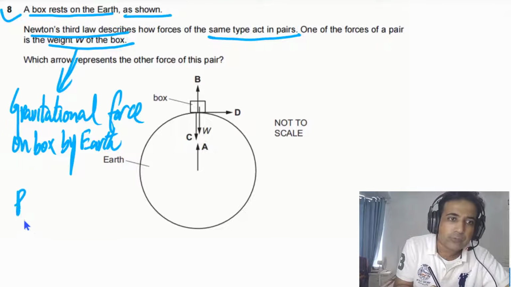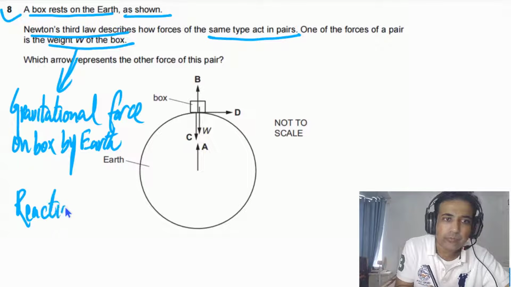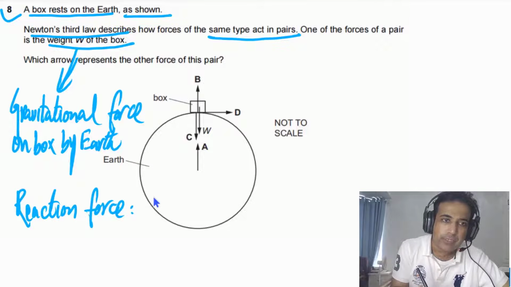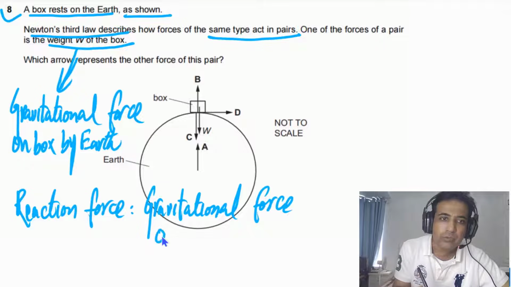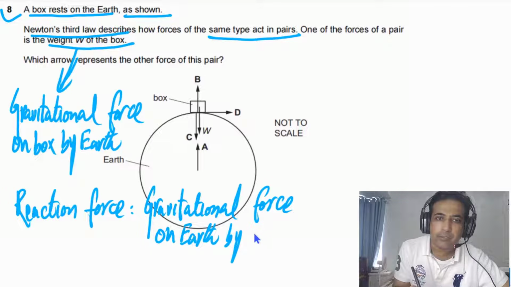And the reaction force will be, it has to be the same type, so it has to be the gravitational force on earth by the box. So this is the point you need to understand.